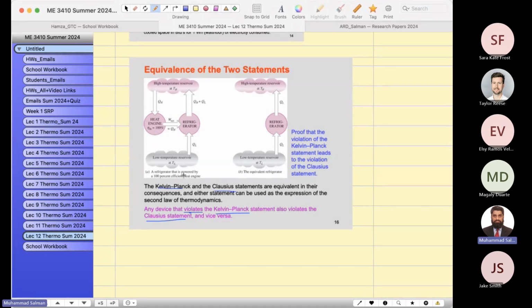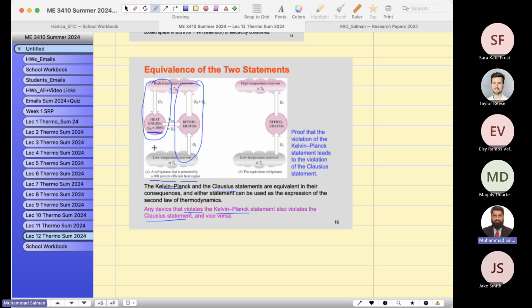A refrigerator that is powered by a 100% efficient heat engine. So this portion is the heat engine. This portion is the refrigerator. So for the heat engine, Kelvin says it cannot operate unless you reject heat to the environment.